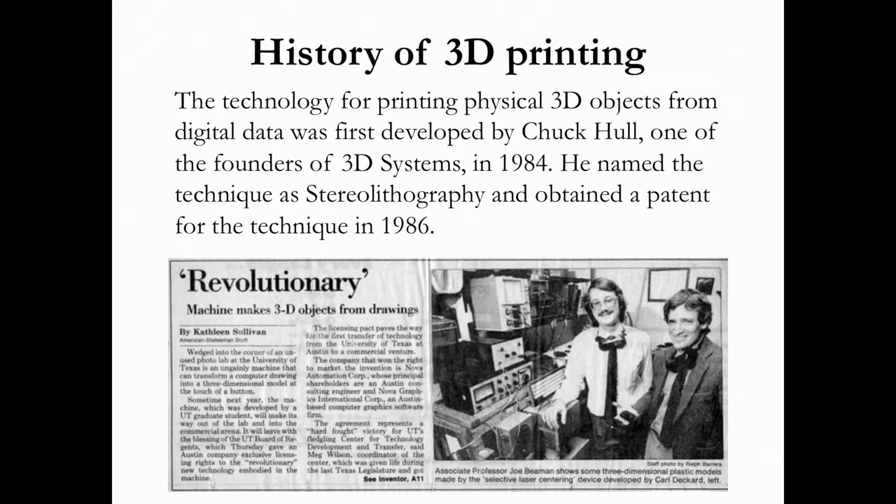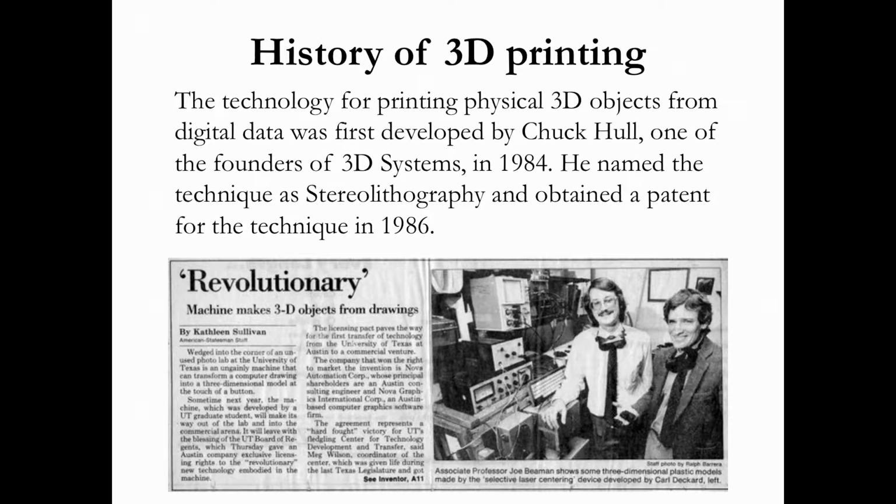The history of 3D printing starts in 1984 with Chuck Hull, an engineer and one of the founders of 3D Systems, that is probably the most important company together with Stratasys in the world of 3D printing. And he named the technique stereolithography and obtained the patent.